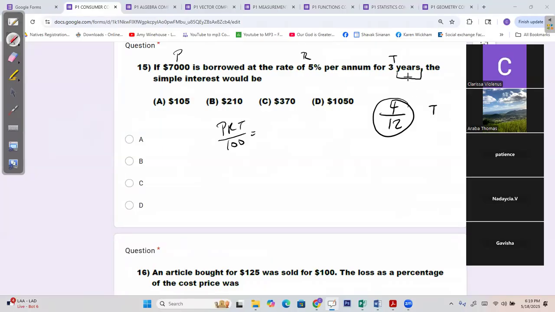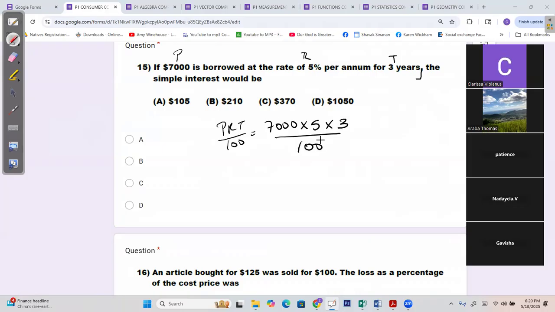Pay attention. If they ask you for simple interest and they give you months, you got to put the months as a fraction because it must be in years. All right. So in this case, they give us years, so it's just 3. So this would be 7,000 times 5 times 3. Now, I, as a man over 100, would work smart. I would cancel out these zeros here.